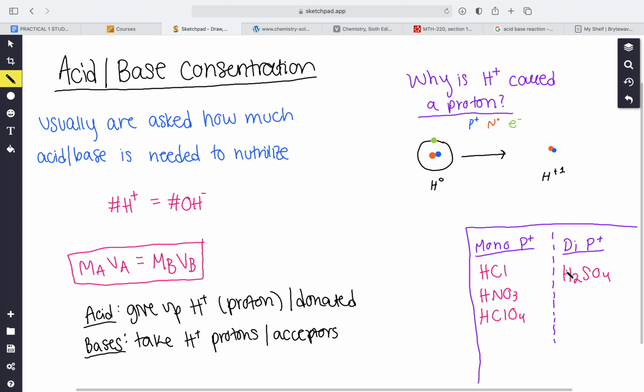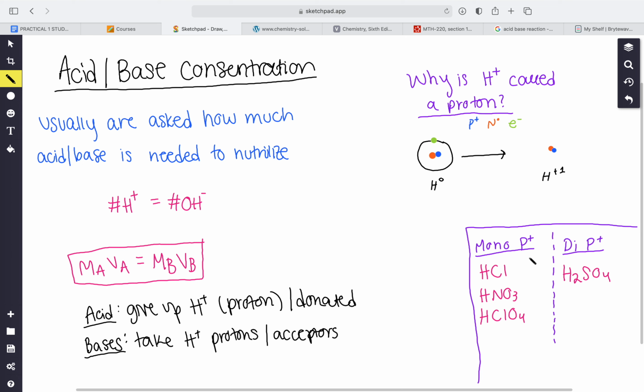Going back to protons, these are the ones to focus on, so I'm feeling these are the ones we're most likely to see on a test. For monoprotic, we have hydrochloric acid, which is just HCl, and then we have HNO3. I'm not exactly sure of the name of that, but it's another acid we might see, and then HClO4.